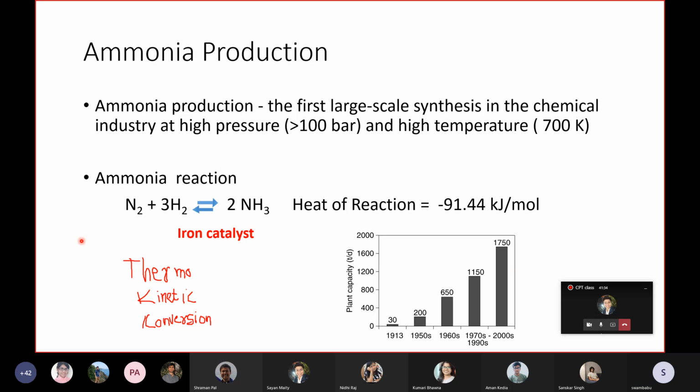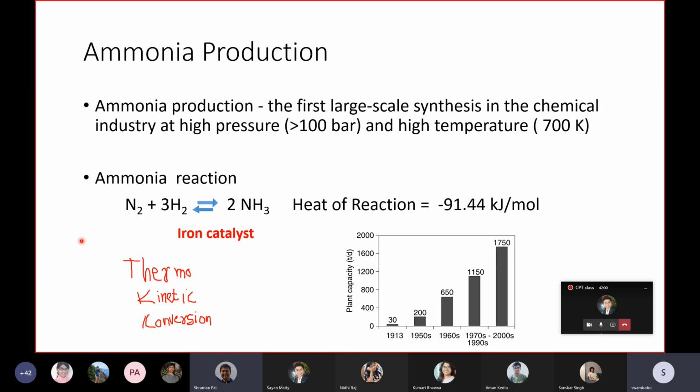How fast the reaction happens at that pressure, at that temperature, is it a matter or not? Is it important or not? If yes, why? If no, why? Any guess from the students?